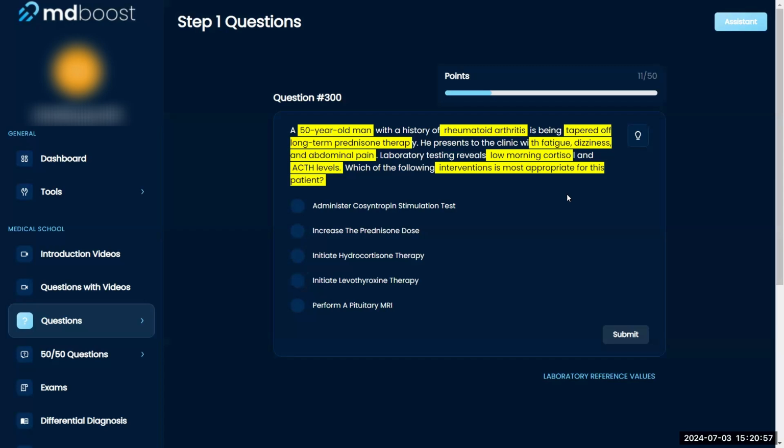So you get suppressed, right? When you were on long-term prednisone, it suppressed the ACTH levels of your pituitary, meaning you create less systemic cortisol. Okay. So now that you got the diagnosis, what do you want to do next?